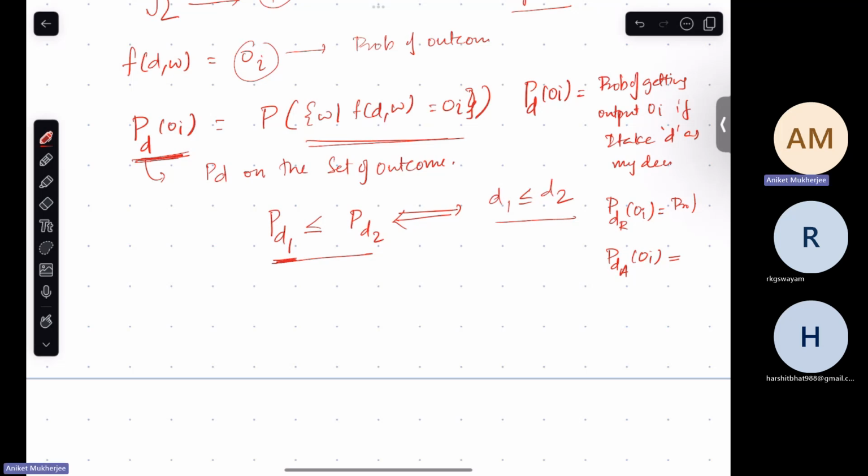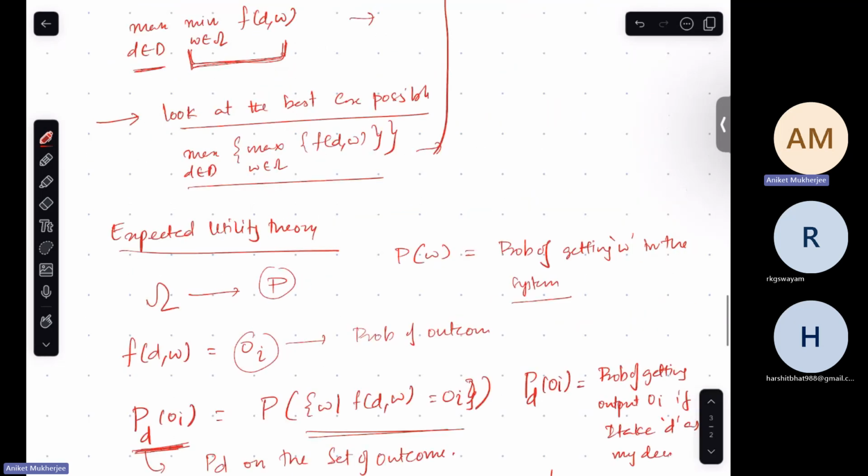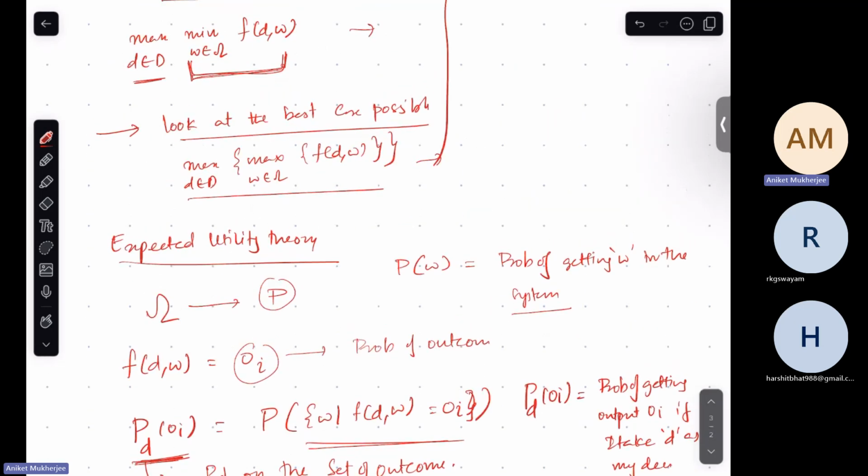Today we'll do one thing. I'll state the expected utility theorem. I'll not prove it, it would be too rigorous to prove. I'll give an example of the expected utility theorem, I think that would be better.